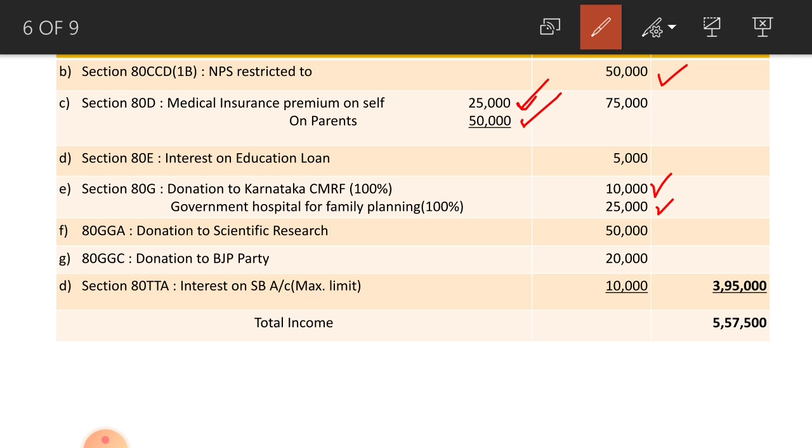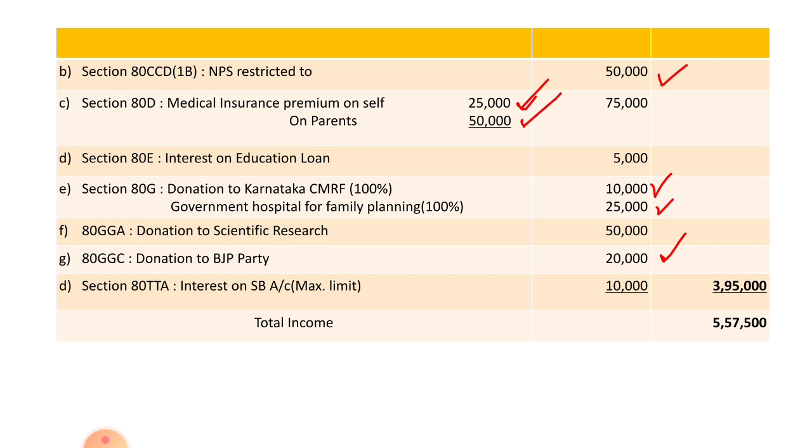Next one, under section 80GGA, donation to scientific research 50,000. Under section 80GGC, donation to political party, that is BJP party by individual 20,000. Section 80TTA, interest on SB accounts, maximum limit 10,000 rupees.